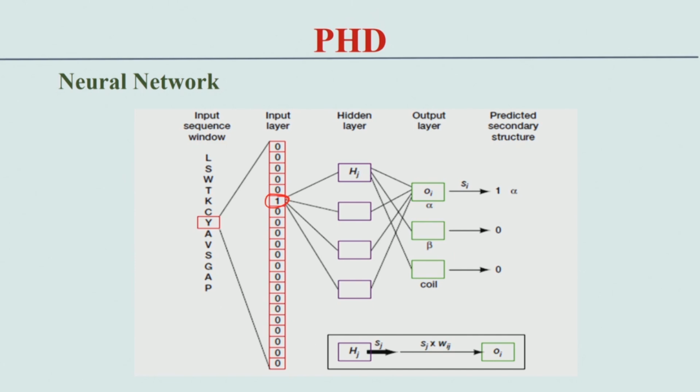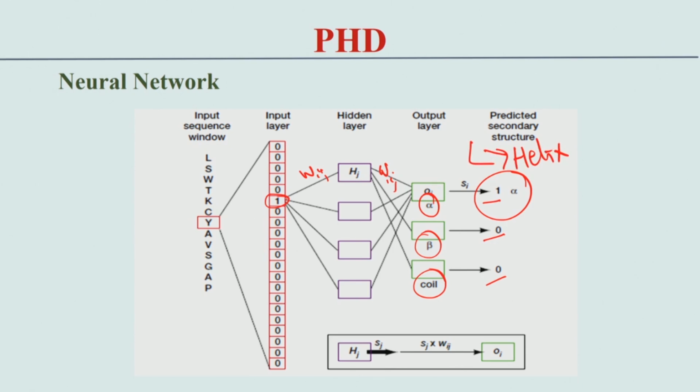They assign different weights between the nodes i and j, and based on these weights they give the values for the output. What is the preferred probability of that particular residue Y being in helix, strand or coil? For example, if this is 1, and this is probability 0 and this is probability 0, then we can say this residue L is in helix.